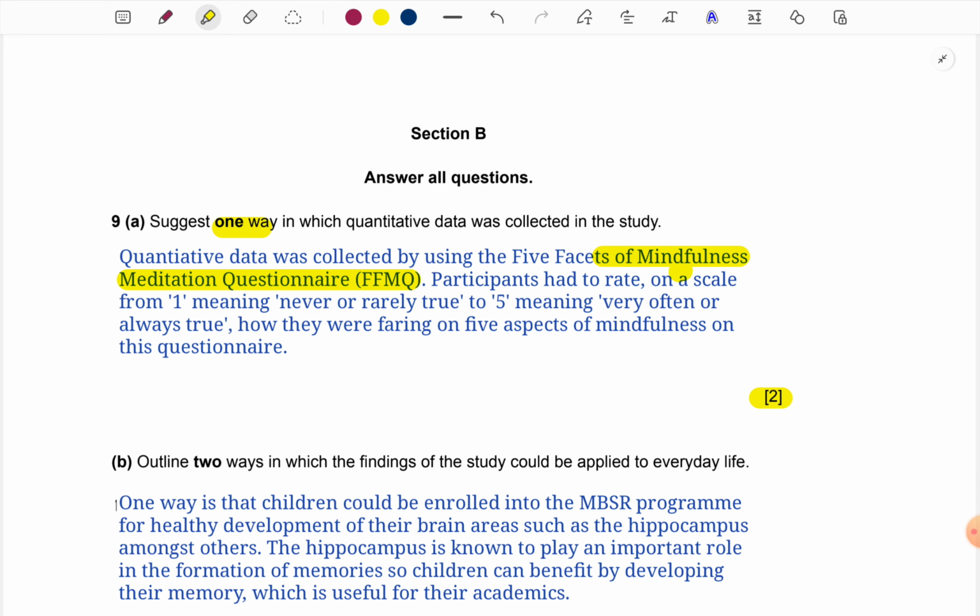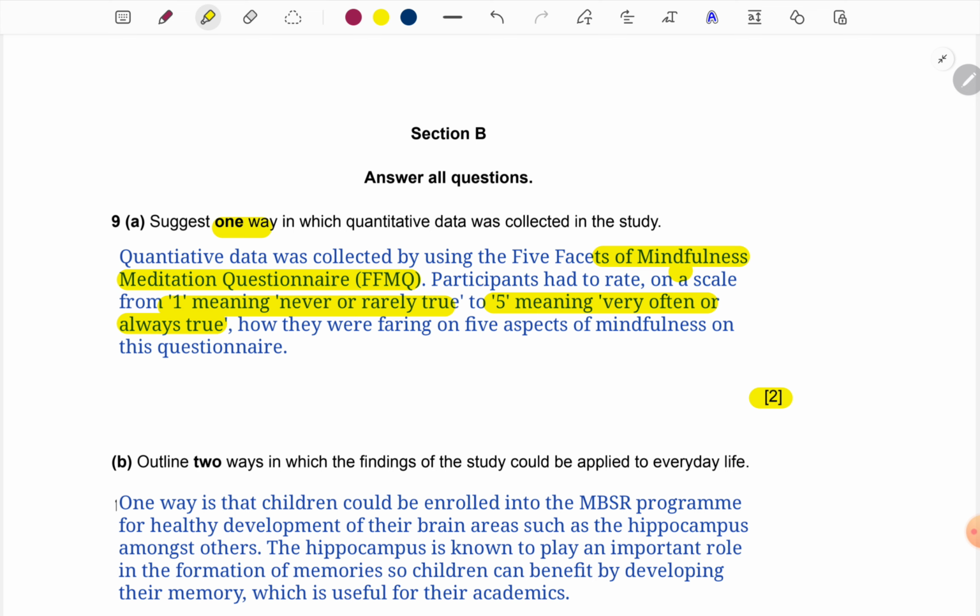So the way of collecting, or the justification why we are saying it's quantitative, is that participants just have to allot ratings. Now I can't just say allot ratings, I have to be specific and say what type of ratings they have to allot on FFMQ. So they have to rate from 1 meaning never or rarely true to 5 meaning very often always true. This is how we justify.